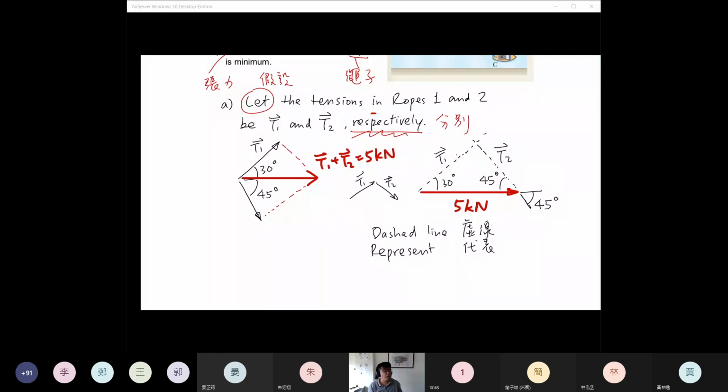From my experience, if students get the figure wrong, their calculation will be wrong and the answer will be wrong. If the figure is right, there is hope that the answer will be right. But if the figure is wrong, the answer will always be wrong. That is my experience, just to share with you.